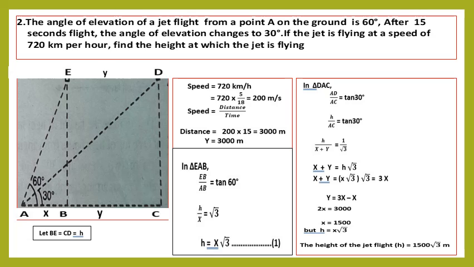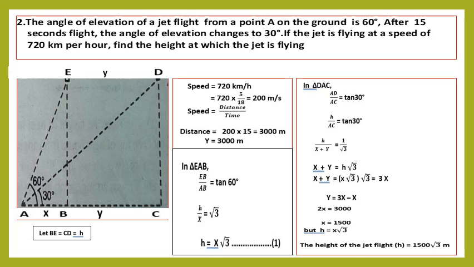Therefore X plus Y is equal to H root 3. And H value is X root 3 from equation 1. So we get X plus Y is equal to X root 3 into root 3, that is equal to 3x. Therefore Y is equal to 3x minus x is equal to 2x.